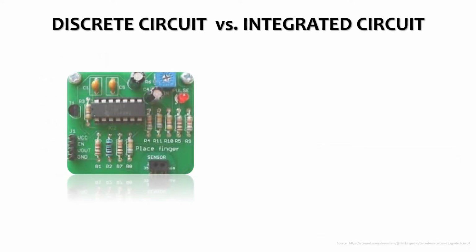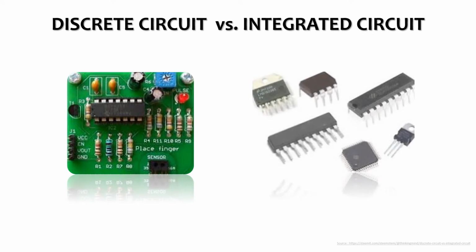Now let's first see the difference between the discrete circuit and integrated circuit before we start with the IC in detail. Even before that, let's understand the term circuit. Normally in electronics, a circuit is a closed path that allows electricity to flow from one point to another, right?